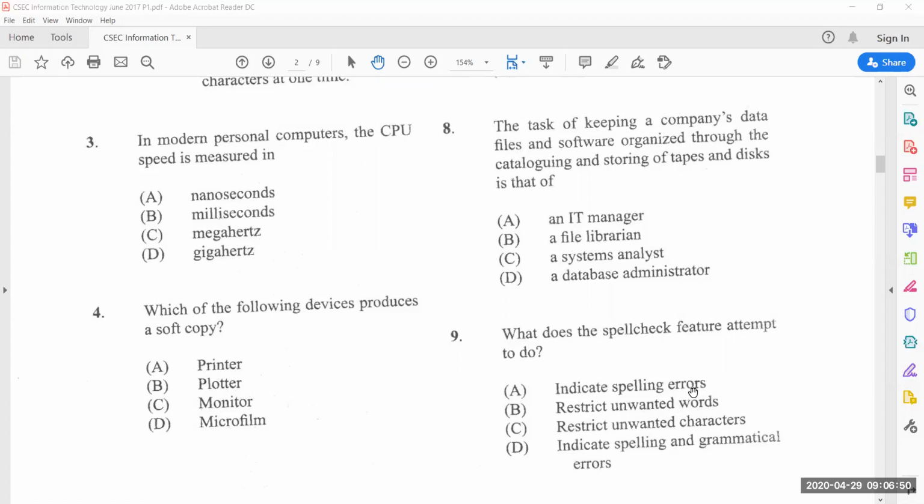Remember, you all had this for homework, right? I'm not seeing many responses in the chat. Only 2 students are responding, and 1 person is responding by mic. So more answers should be coming in. All right, so the answer for 4 is C, the monitor. And that's because the printer, plotter, and microfilm are all hardware devices, right?